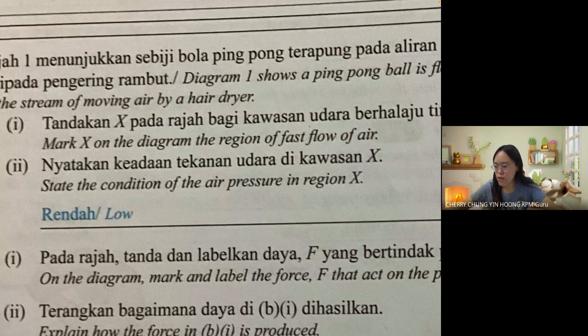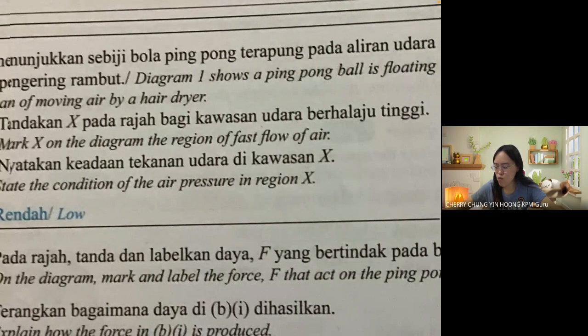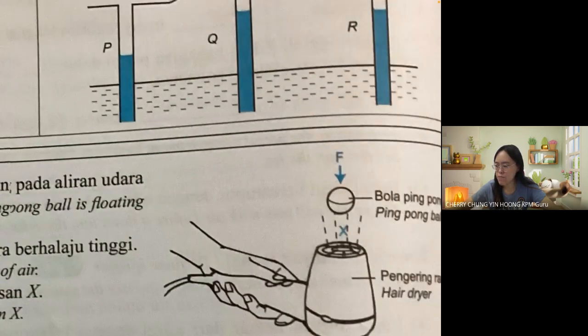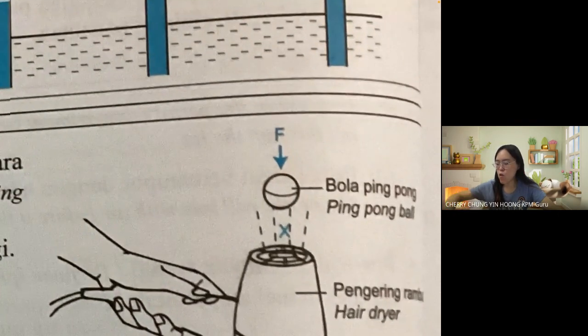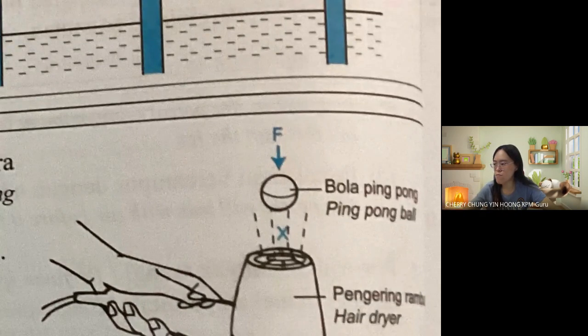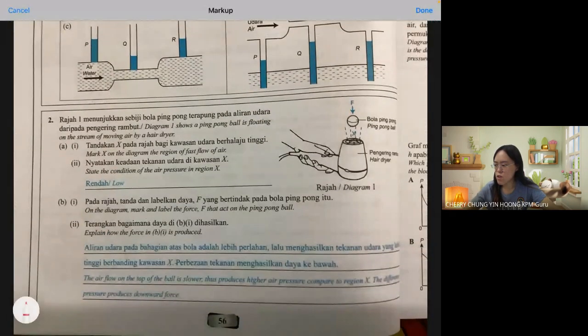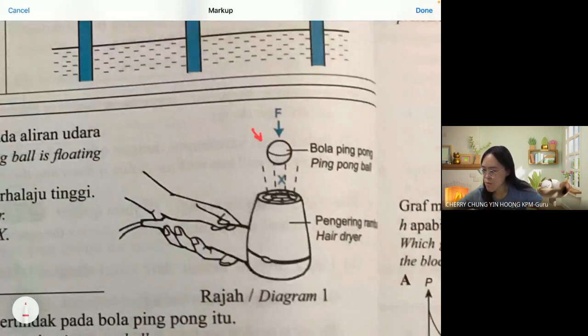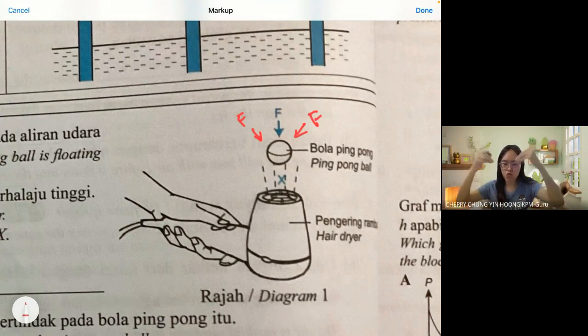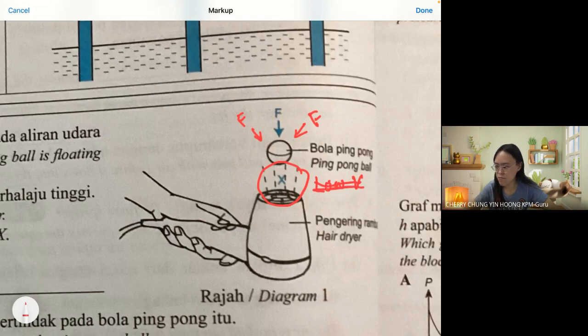Okay, so on the diagram, mark and label the force that acts onto the ping pong ball 是在这一边。如果你画在 side here, force 这边也可以，as long as 它的 arrow 是 pointing towards 那个乒乓球的，不是出去，因为你要明白，在这一个 area it has a high velocity, low pressure.